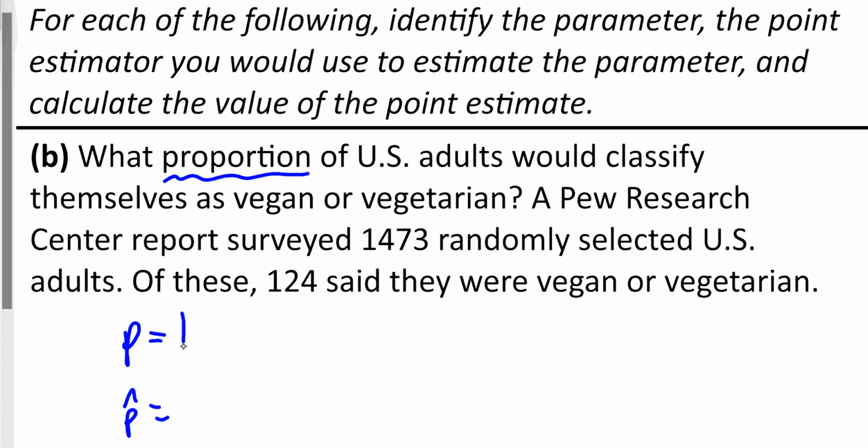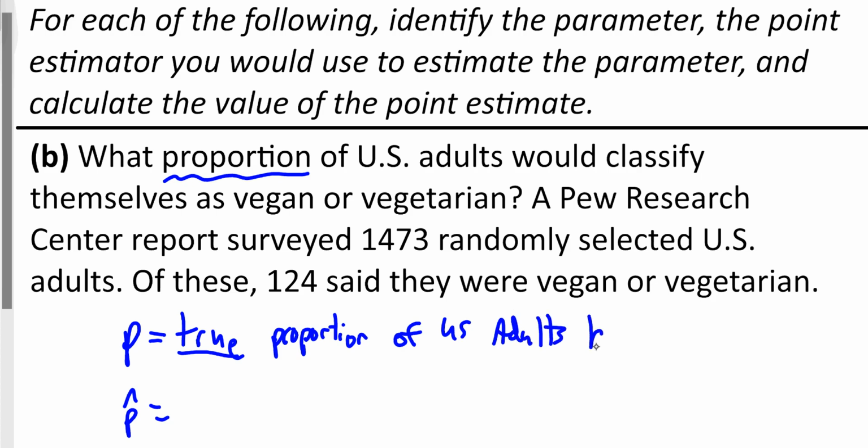So P is the true proportion. We want to say true proportion of U.S. adults being vegan or vegetarian.